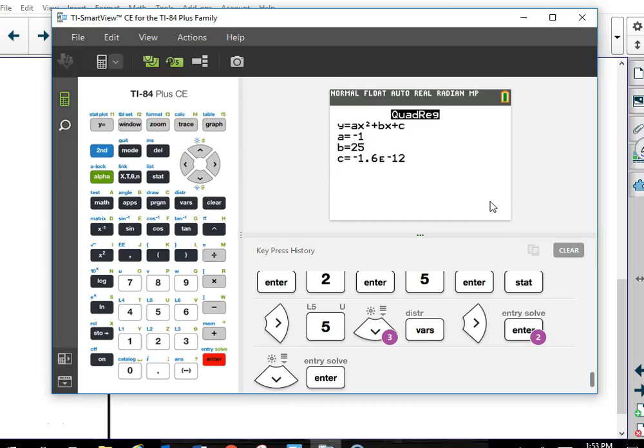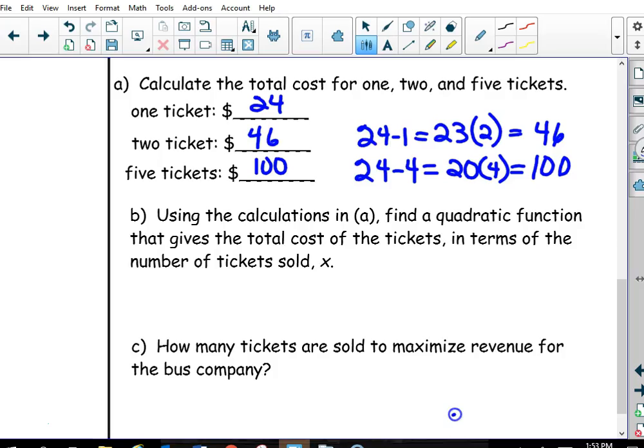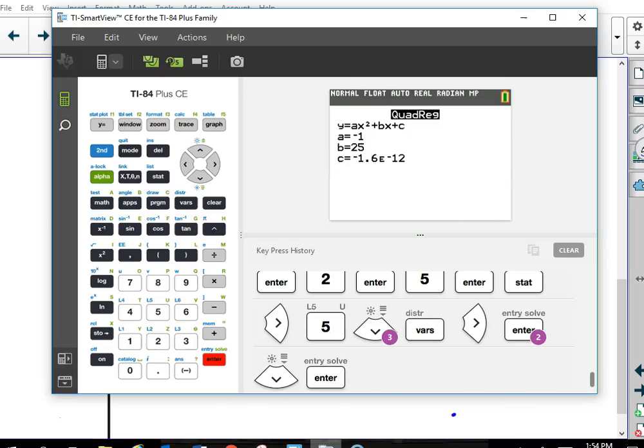It's your job to interpret a number like that as 0. So A is -1, B is 25. Let's write that down. Okay, so total cost of the tickets in terms of x is going to be -1 x squared plus 25x.